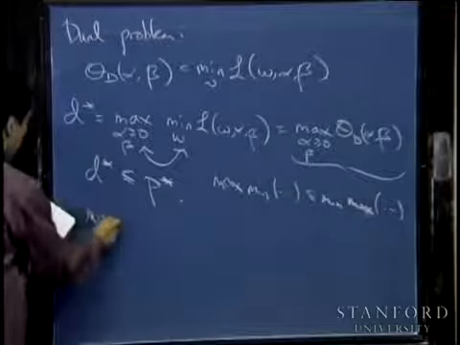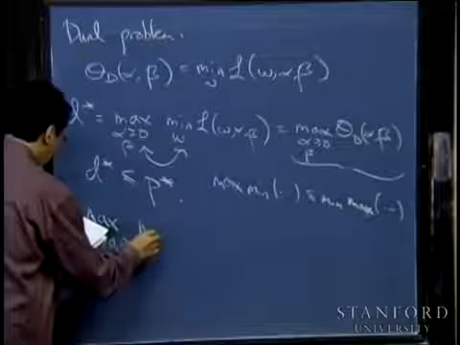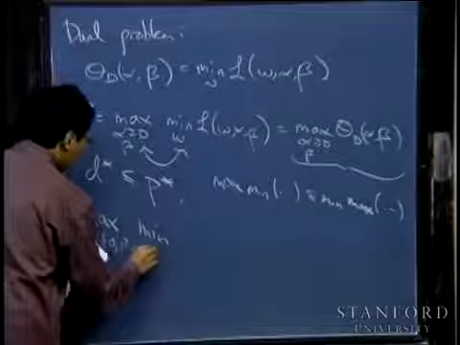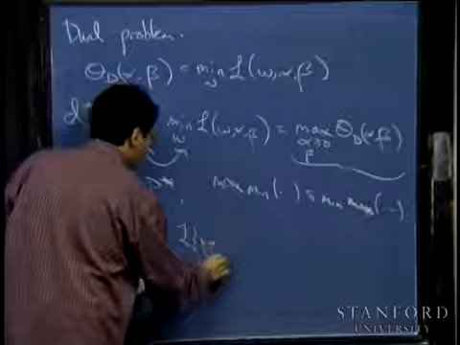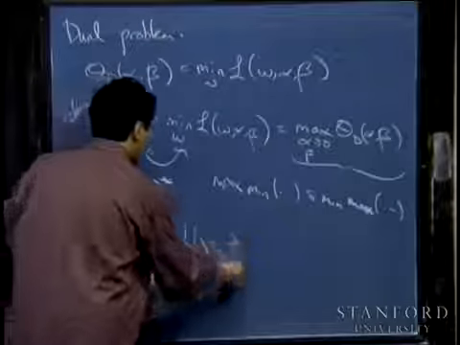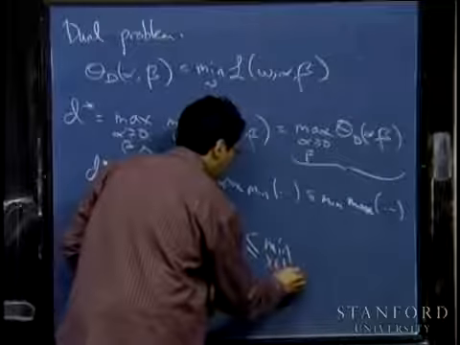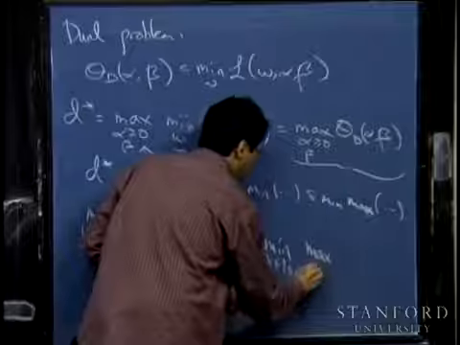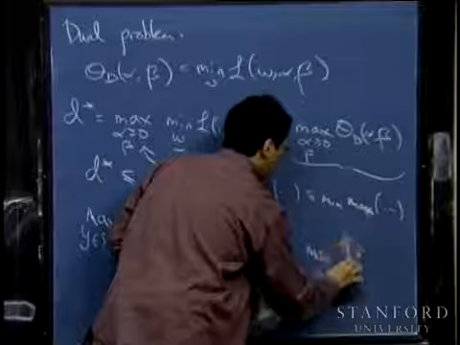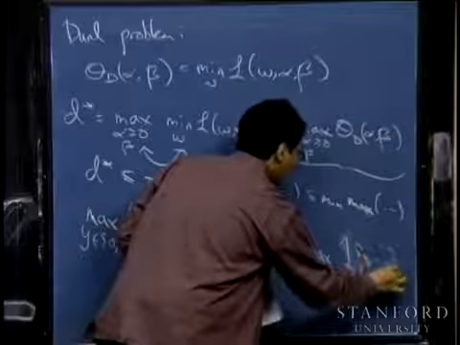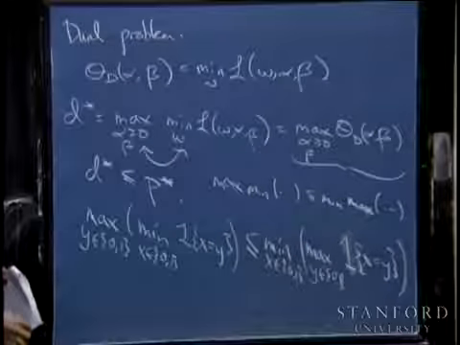Just as a concrete example, the max over y in the set {0, 1} of the min over x in the set {0, 1} of the indicator x equals y is less than or equal to the min over x of the max over y.